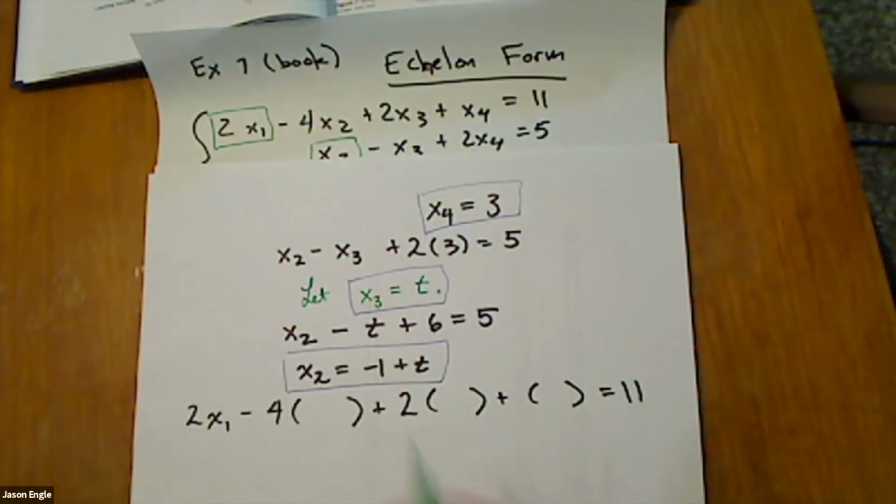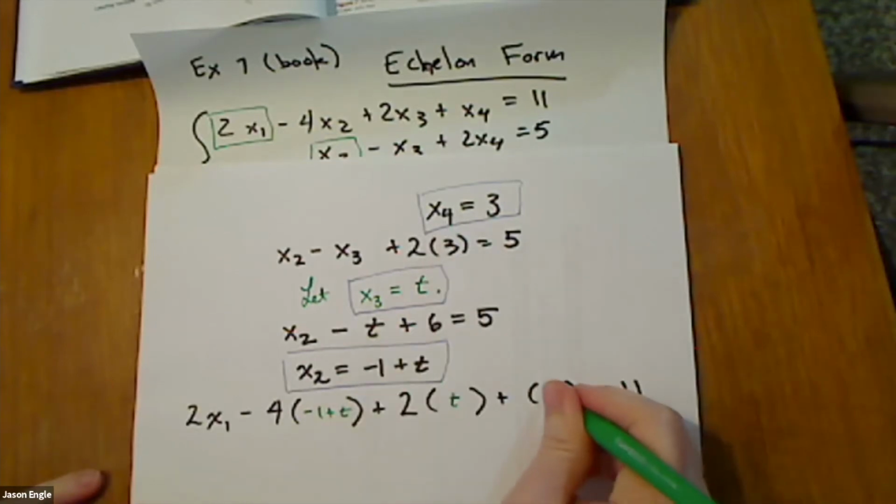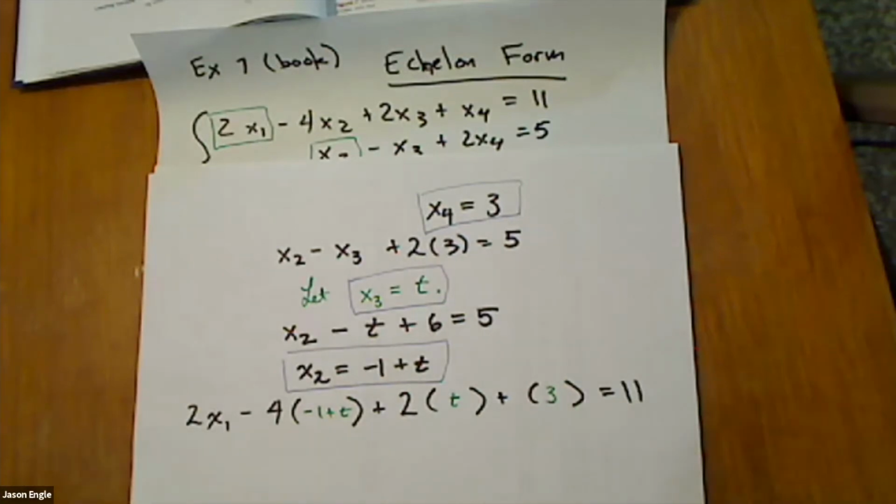Substituting back into my equation, -1 plus t here. That's x2. x3 is just t, and x4 is 3. And so now, again, depending on what the free variable is, that will automatically determine what x1 is as well.